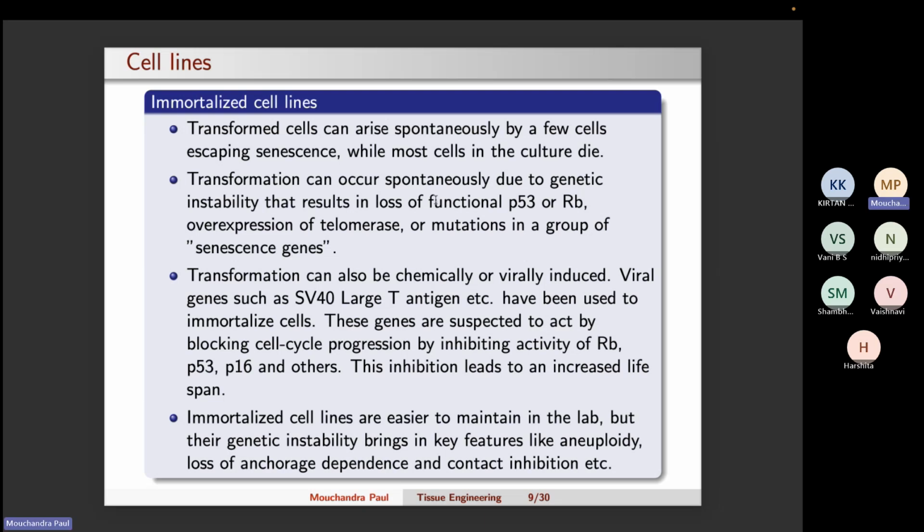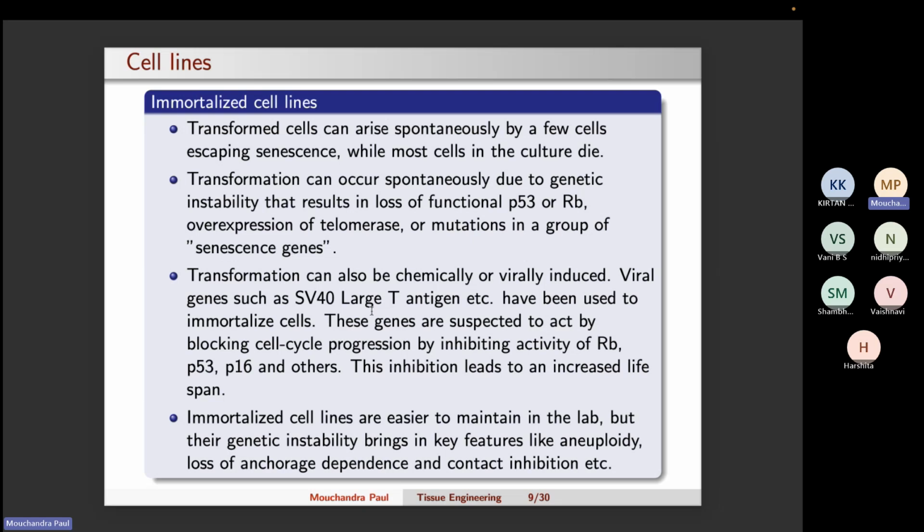So what happens during transformation? Cells can transform due to loss of function of p53 protein or Rb protein, or overexpression of the telomerase gene. We will study the function of the telomerase enzyme when we talk about stem cells. Also there can be mutation in the genes responsible for causing senescence.